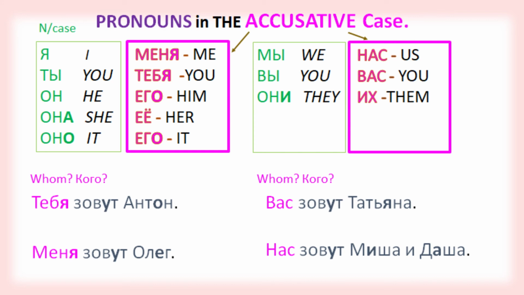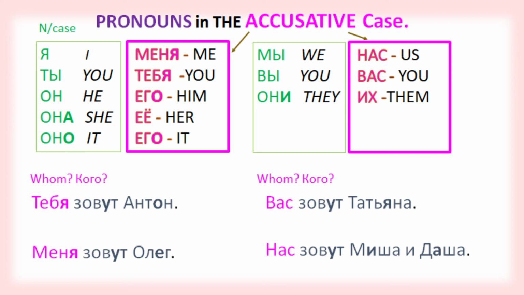Pronouns in the accusative case. Me, меня, you, тебя, him, его, her, ее, it, его, us, нас, you, вас, them, их. Тебя зовут Антон.